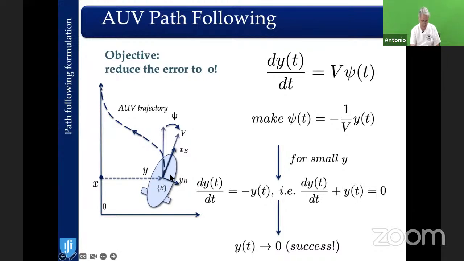If y is positive, then you divide by the speed, and then you give it this angle. If y is negative, then you give it that angle, which is true because if y is positive, then the angle becomes negative. I mean, if you are here, you want to turn to the left. If you are here, you want to turn to the right.